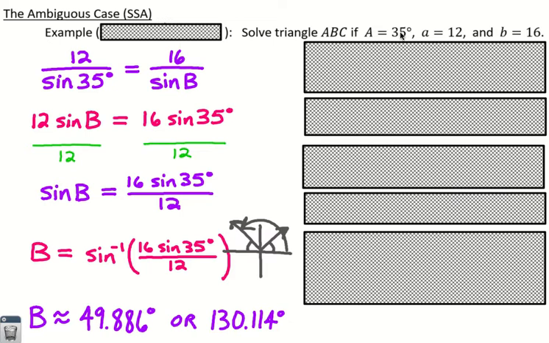If I gave you the task of, hey, draw me a triangle that has that as your angle A, this as your side A, and this as your side B, I'm telling you right now that it is possible to draw two different triangles. There are two different ways to draw that triangle, or finish off that triangle. Just telling you.